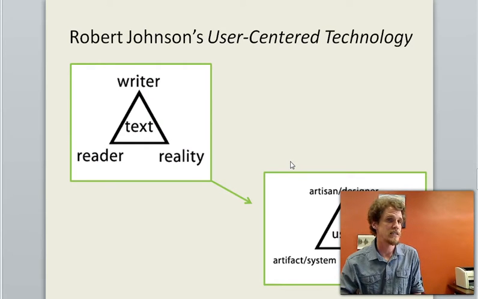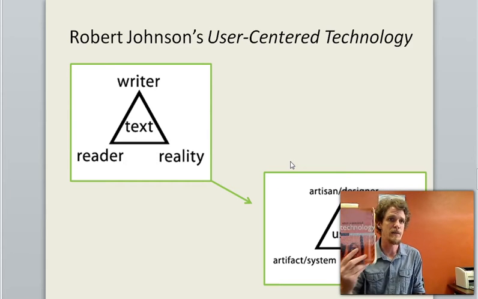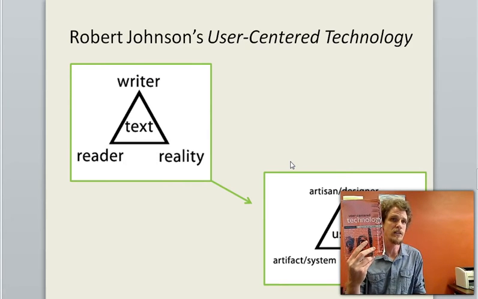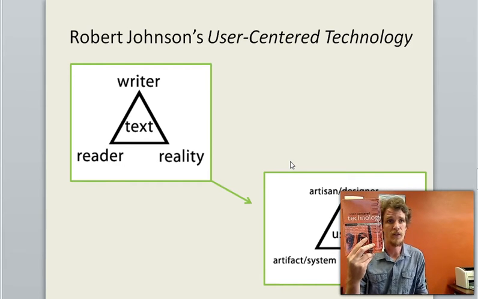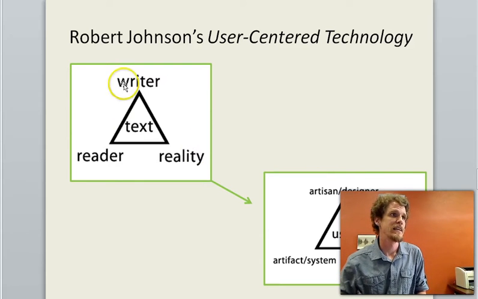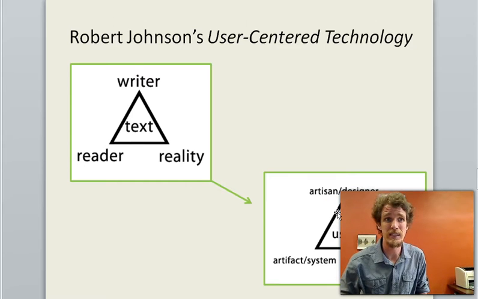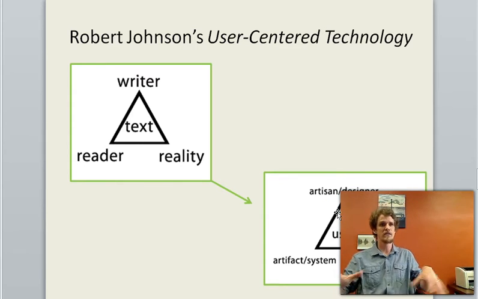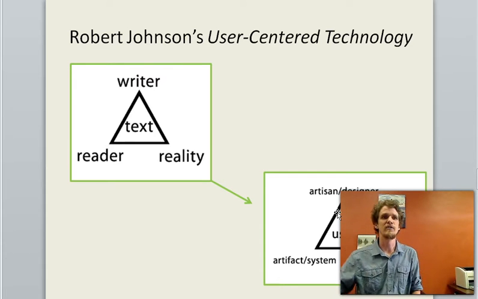Now, Robert Johnson does something really nifty in his 1998 book, User-Centered Technology, which is, in my opinion, the most important book that has been published in technical communication in the last 20 years. And he does the following. He says that if we take this rhetorical triangle, put the reader at the center here, and change all of these to a technological system as opposed to a written-based system, then it opens us up to everything outside of just writing studies.